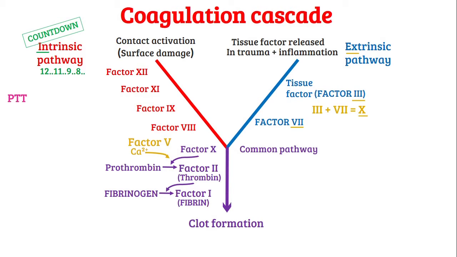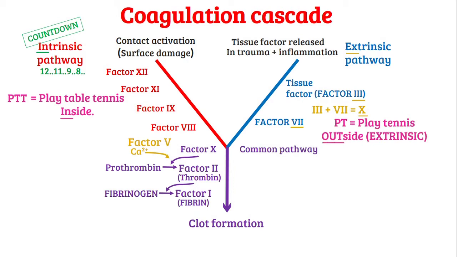As for the lab tests, PTT is activated partial thromboplastin time, while PT is prothrombin time. The way to remember which test looks at which pathway is by remembering that you play table tennis inside while you play tennis outside.